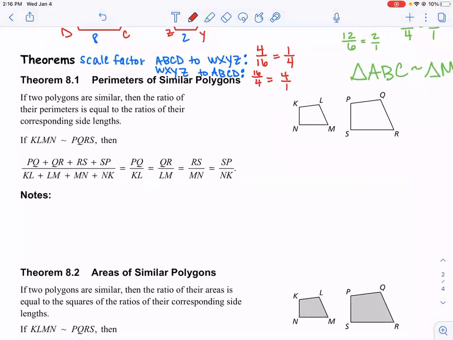Okay, here we go. The perimeter of a similar polygon has the same ratio as the ratio of the sides, okay? So let's say right here that this side is 10 and this side is 15.